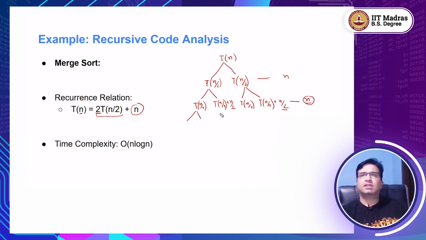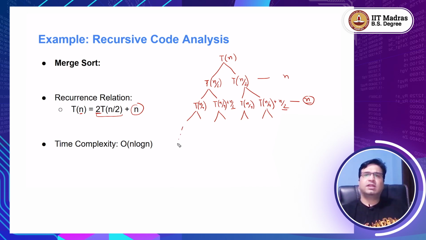Same, next it will divide into T(n/8). So you can see there are 8 calls, and each will take n by 8 for merging. So we can write it like this, n by 8 into 8. So overall time at this level is also n.